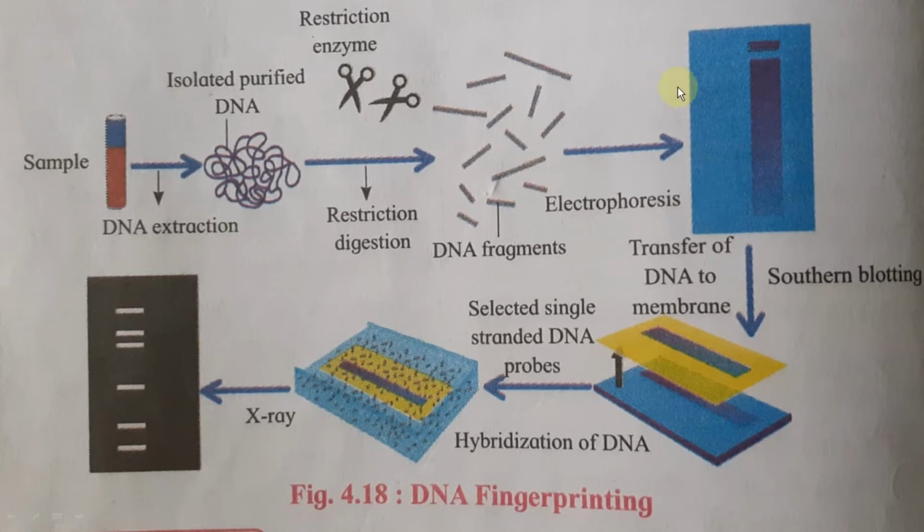As soon as the electric current is passed, these DNA fragments, which naturally differ in size, move from the negative charge to the positive charge. On the basis of length, smaller fragments run fast and are followed by larger ones. So this is electrophoresis.